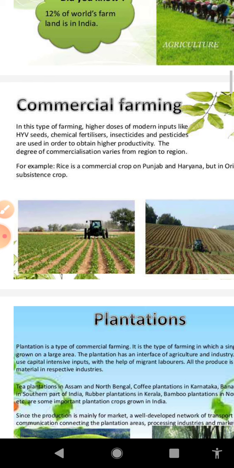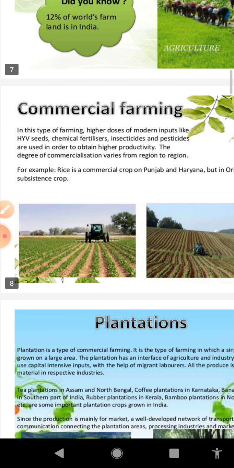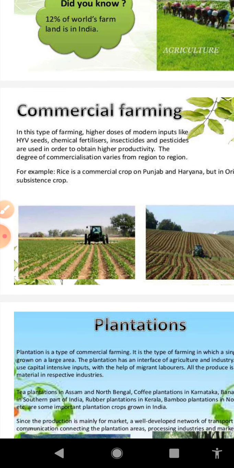In commercial type of farming, generally the farmers use all the modern inputs, in the form of high yielding variety of seeds, chemical fertilizer, insecticides and pesticides to get maximum production. The degree of commercialization of a crop may vary from one area to another.